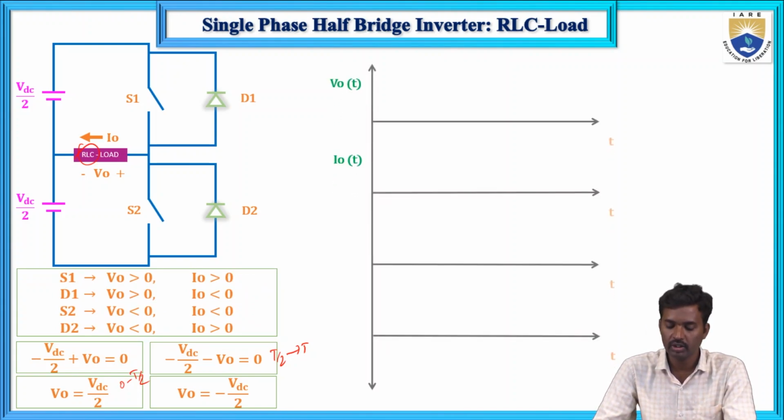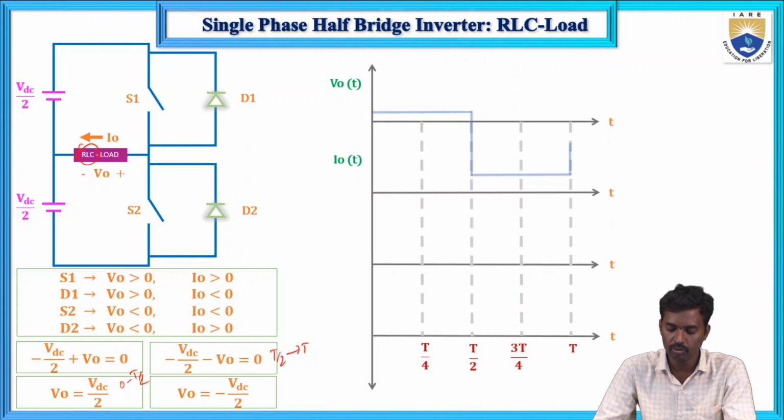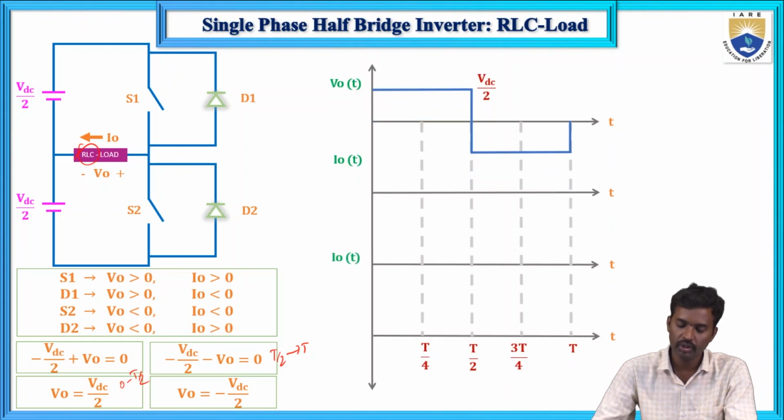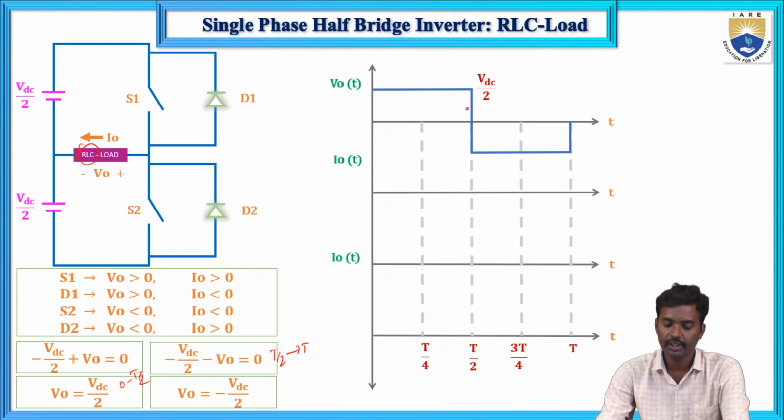So now here this is the output voltage and output current. First, the output voltage is constant, always fixed. In case of a voltage source inverter, output voltage is constant. Even if you change the load, may be R load, RL load, or RLC type of load, that output voltage is fixed, we cannot change it, but the current will change.